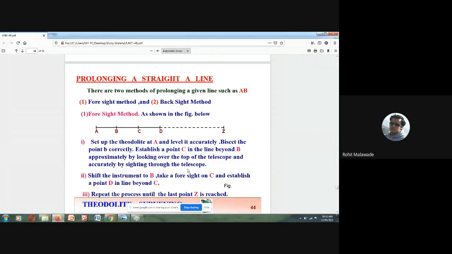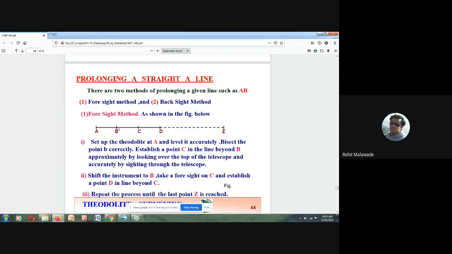Establish point C in the line beyond B approximately by looking over the top of the telescope. Through the gun point, you are seeing the point A and bisecting point B, and in the same line you will check whether from A you can look towards C by keeping a ranging rod.